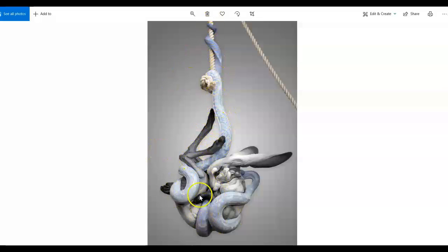Repetition. You've got the repetition of these, the legs, these sort of linear parts that are emphasized by the dark gray shadows on there. Repetition of these swirling python or some kind of snake body going around strangling this poor rabbit.